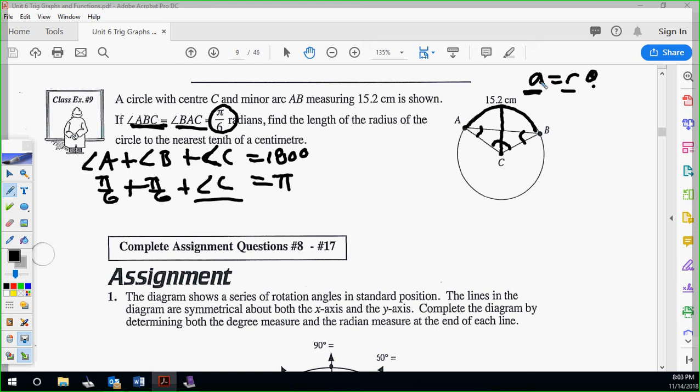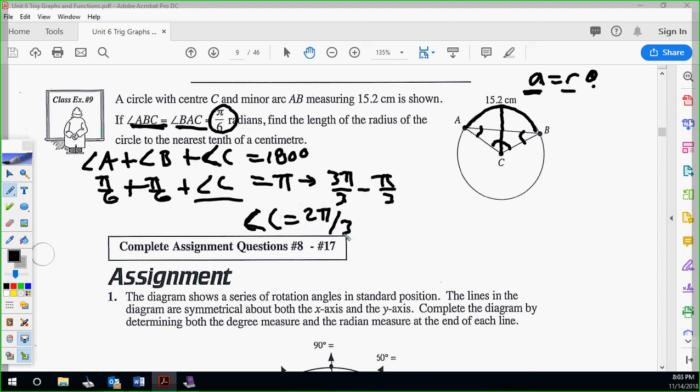To figure out angle C, we're just going to subtract the pi over 6 plus pi over 6 from pi. That's 2 pi over 6, which is pi over 3. So it's 3 pi over 3 minus pi over 3. So that means that angle C is 2 pi over 3.